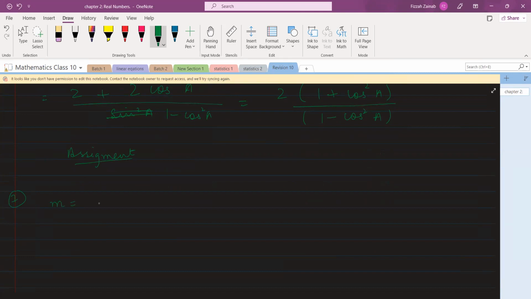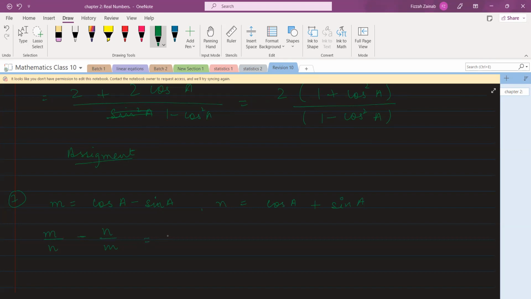M is equal to cos A minus sine A, and you have N is equal to cos A plus sine A, and then basically you have to find this value M upon N minus N upon M, right?